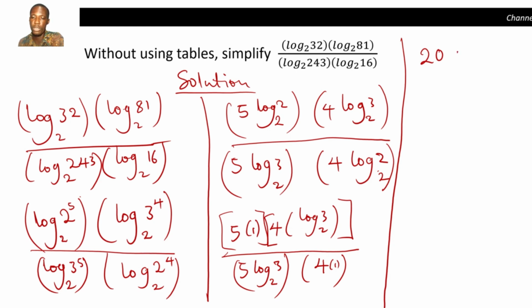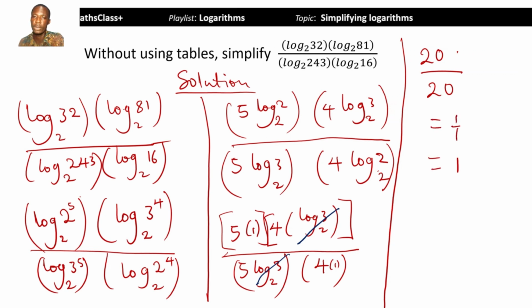And then we can also see that log 3 base 2 can cancel log 3 base 2 here. And that gives us 20 divided by another 5 by 4, which is also 20. And so the result is going to be 1 over 1, which is the same as 1.